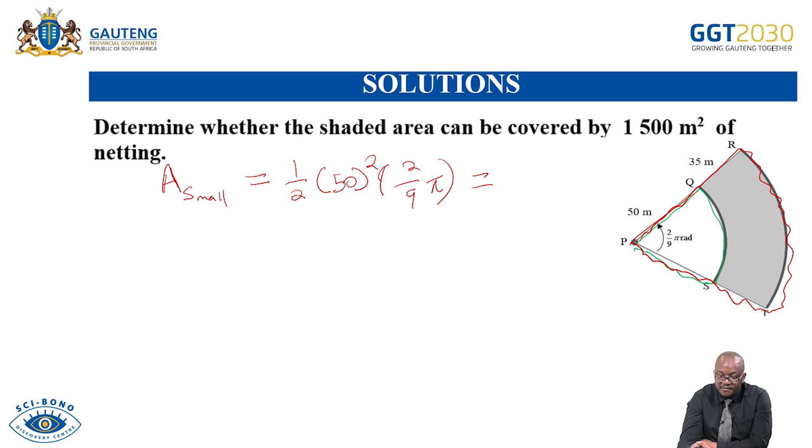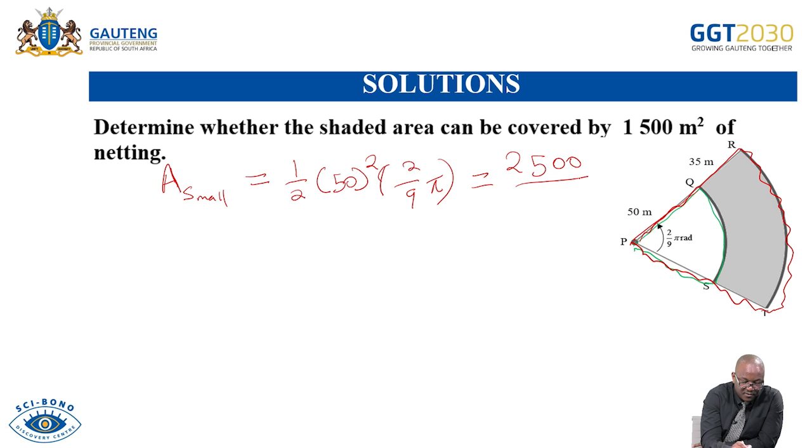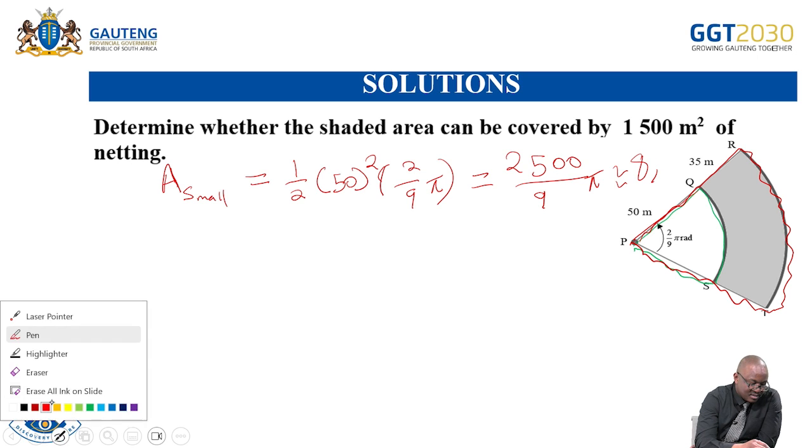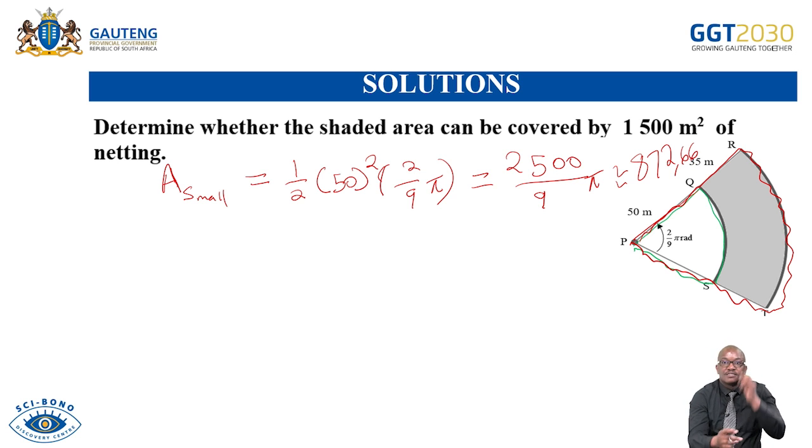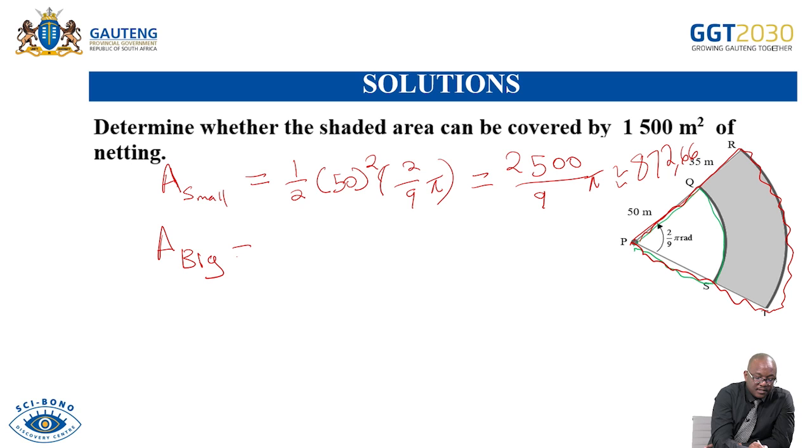Then you will have an answer of 2,500 over 9 pi, which is 872.66.